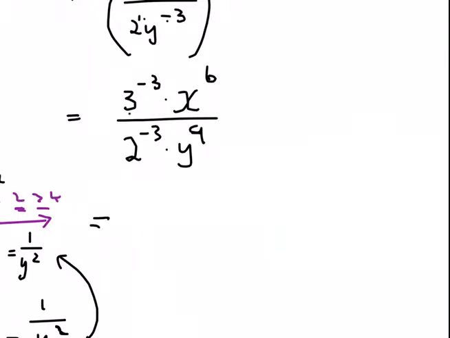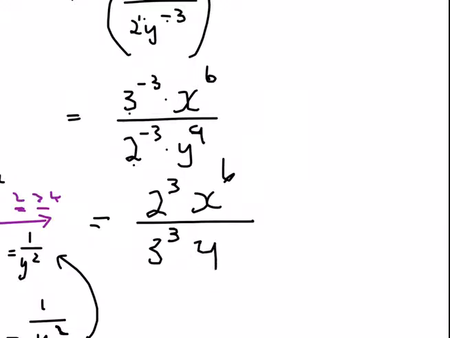So now you see what happens. We say these exponents will need to swap. So that means this 2 goes to the top, but with a positive 3. This x to the 6 remains. But that 3 is the one that has to change the sign, and then you have this y to the 9 remaining as it is. 2 to the 3, I think that is 8, and then x to the 6 over this one.